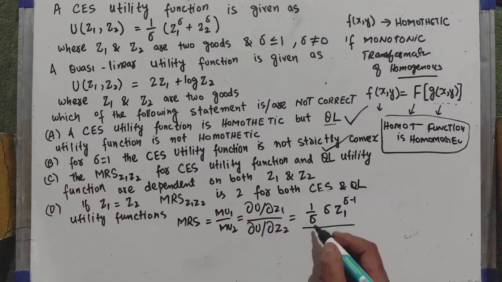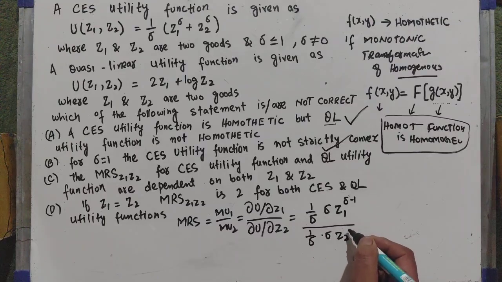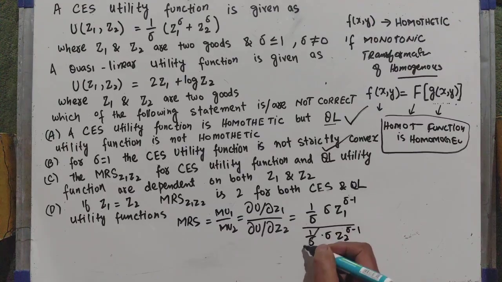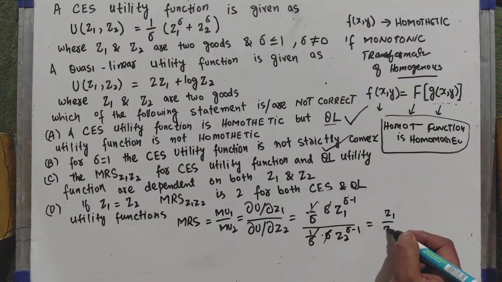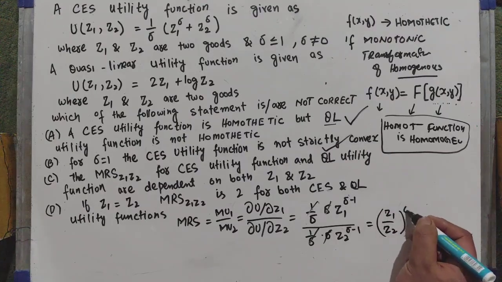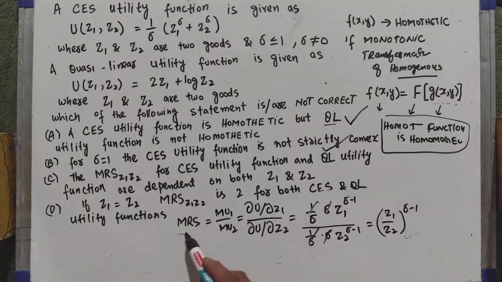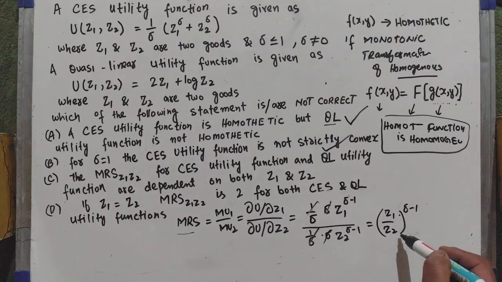Symmetrically, du upon dz2 will be 1 upon delta times delta z2 raised to power delta minus 1. This gets cancelled, this gets cancelled, so we get z1 upon z2 whole raised to power delta minus 1. So MRS is dependent on z1 and z2 for the CES utility function.